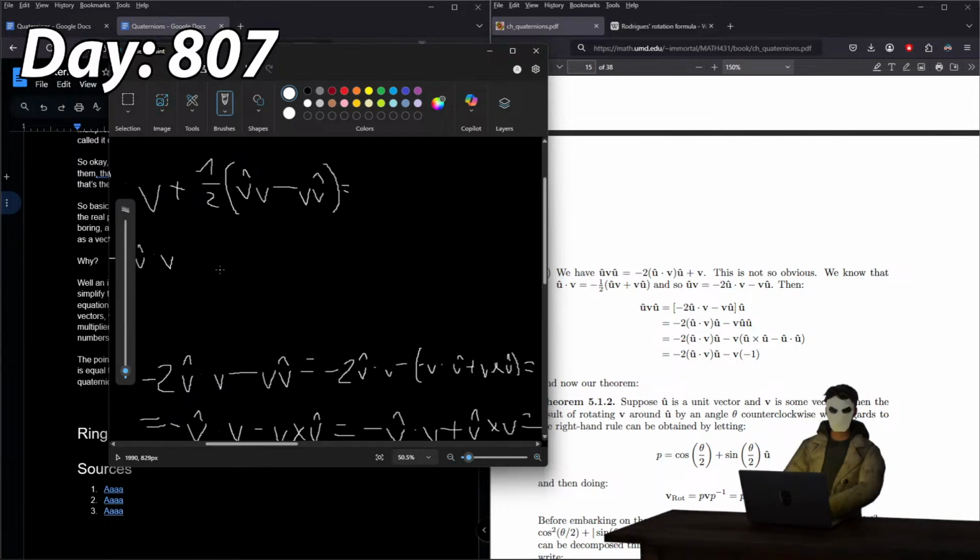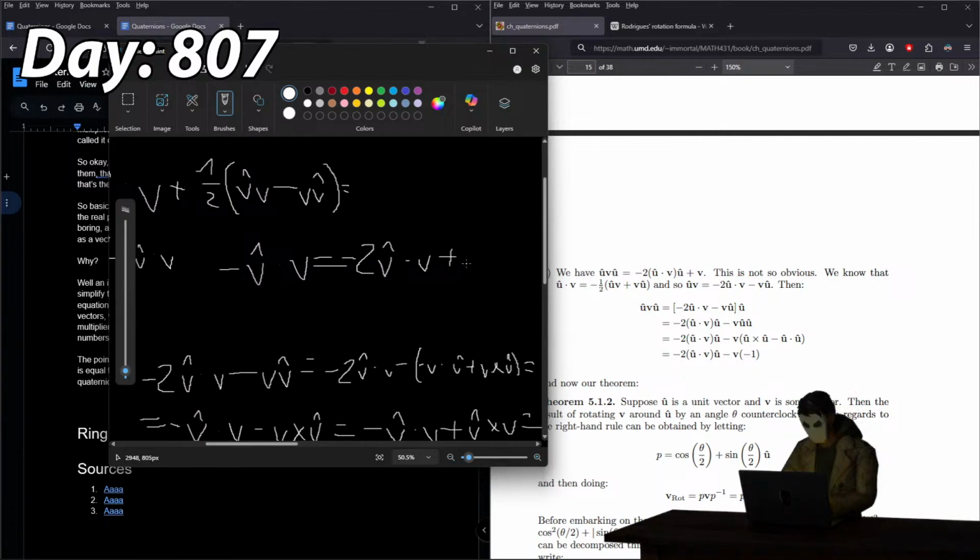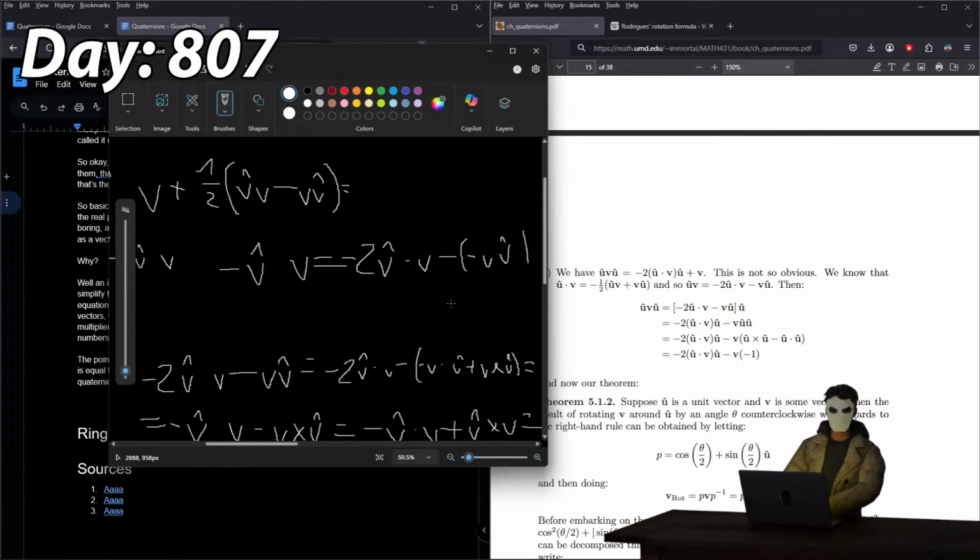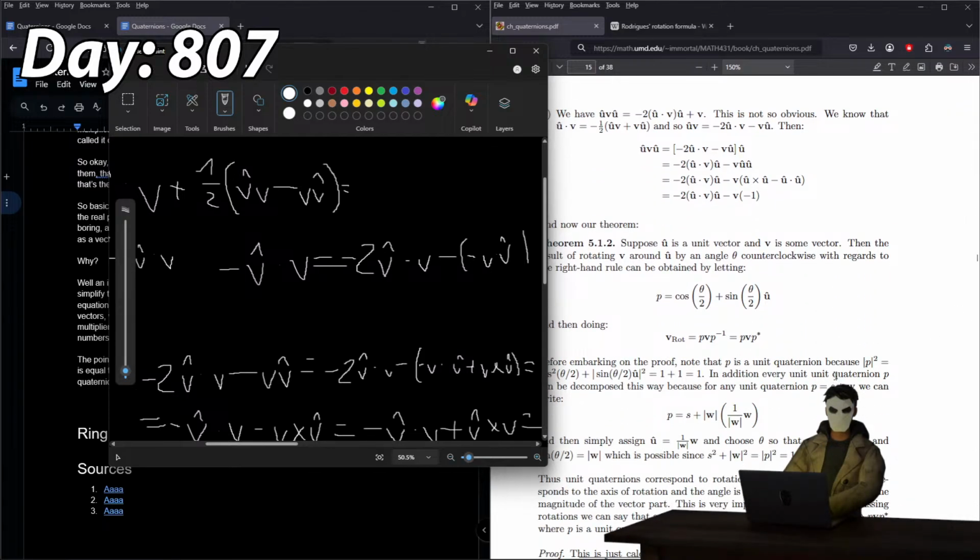You need to take a minus u dot v and turn it into minus 2 u dot v plus... Actually, minus u dot v. That's what you need to do, and that's rough. Okay, so working backwards, it's easy.